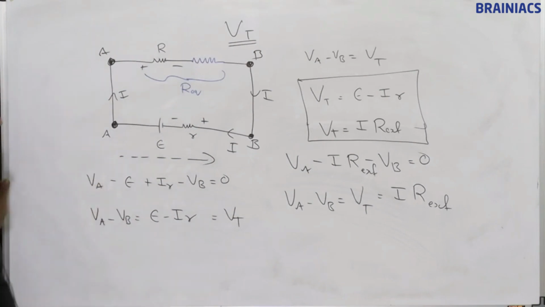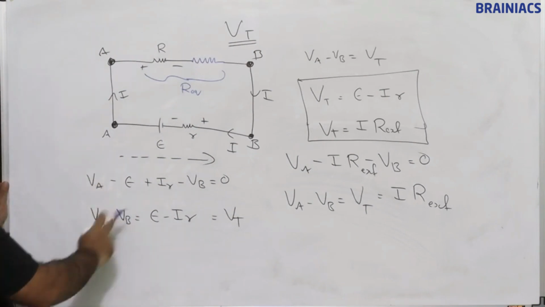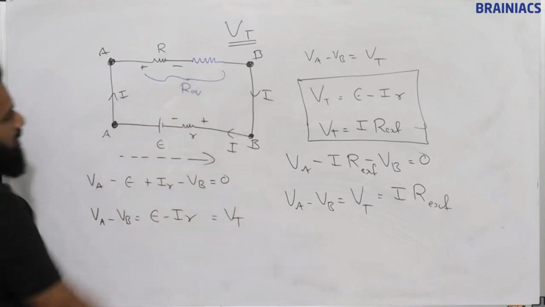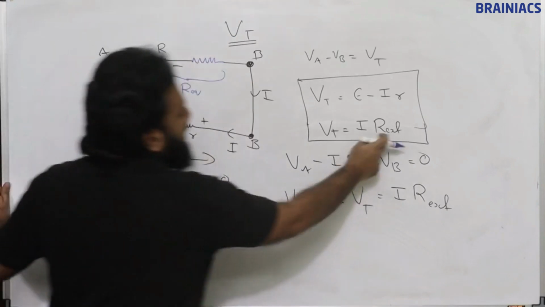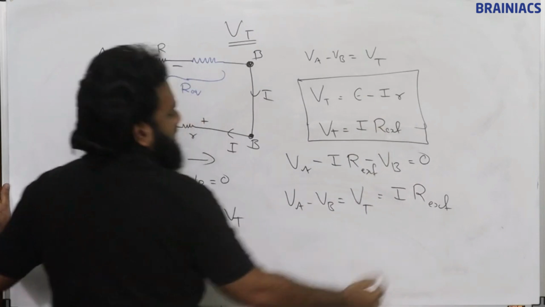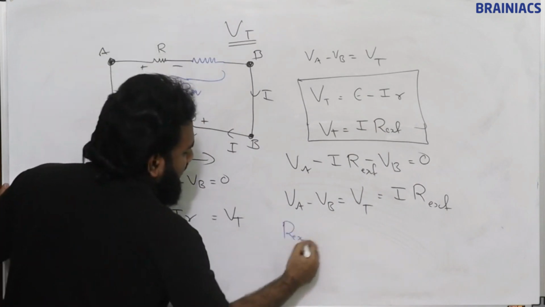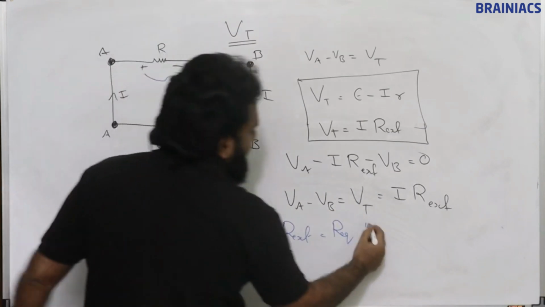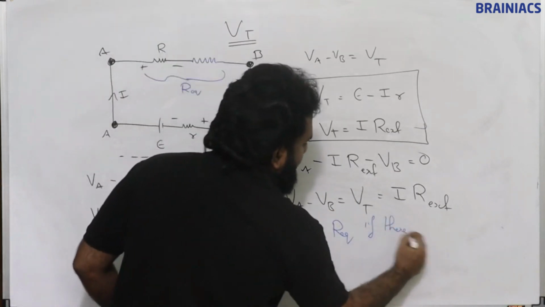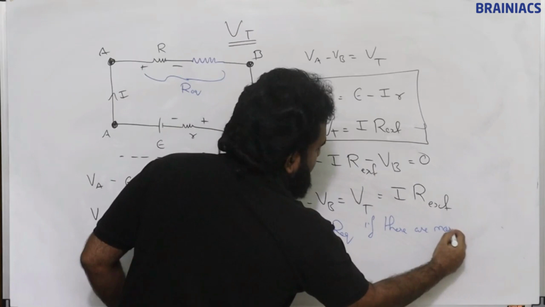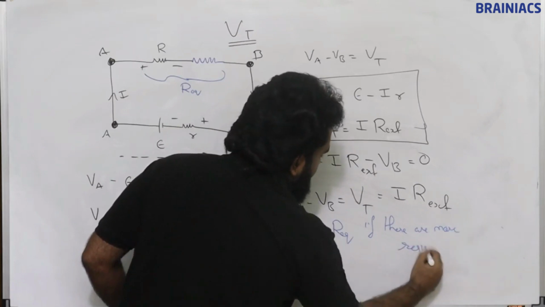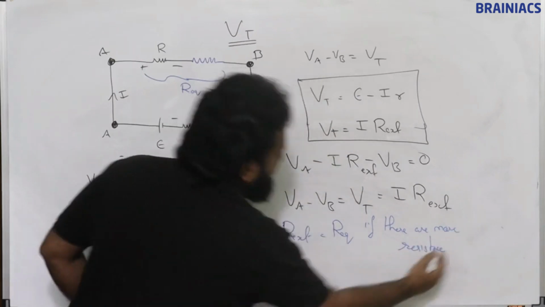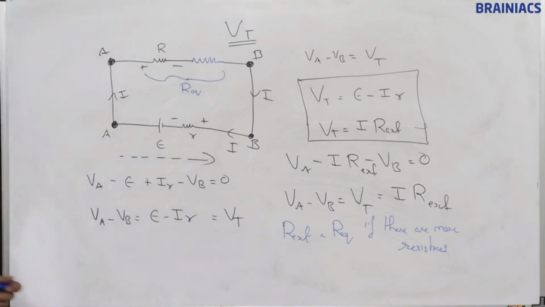Terminal potential difference is nothing but the potential difference across the external circuitry, that is R external. So this R external can be R equivalent if there are more resistances. Okay, clear?